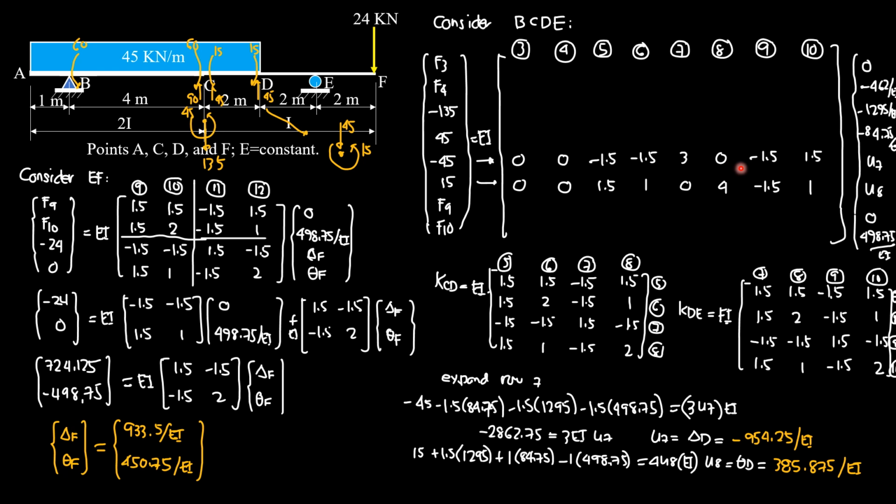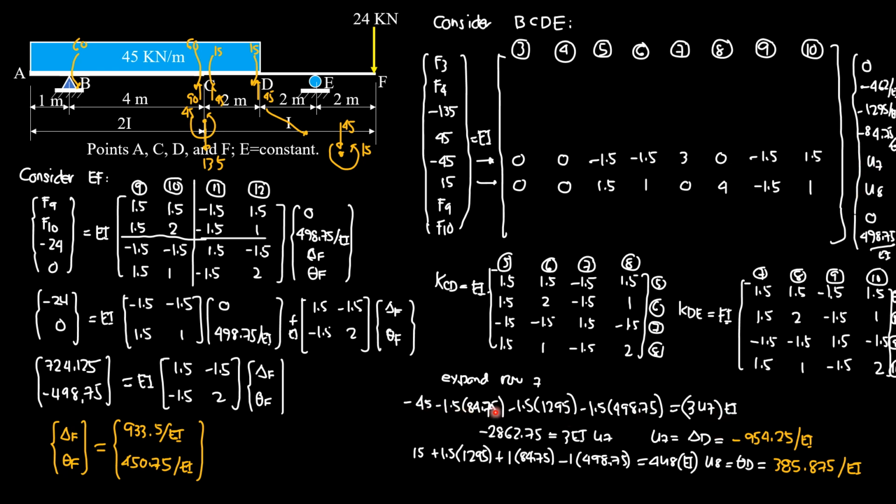Then 0 times U8, negative 1.5 times 0, so it doesn't affect. Then finally 1.5 times 498.75, that's positive, transposed to the left, so minus. So minus 1.5 times 498.75, then equals 3 U7 EI.